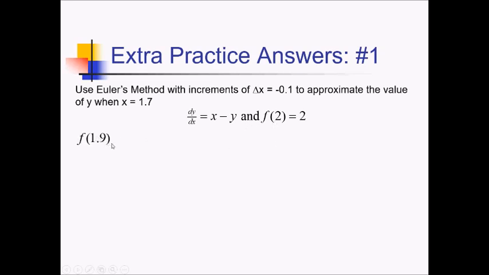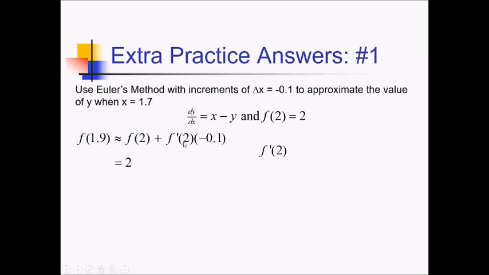So that's going to be approximately equal to f of 2 plus f prime of 2 times my step size of negative 0.1. And now let me fill in a few values for this. F of 2 is actually exactly equal to 2. Now for f prime of 2, we're going to have to use this differential equation.